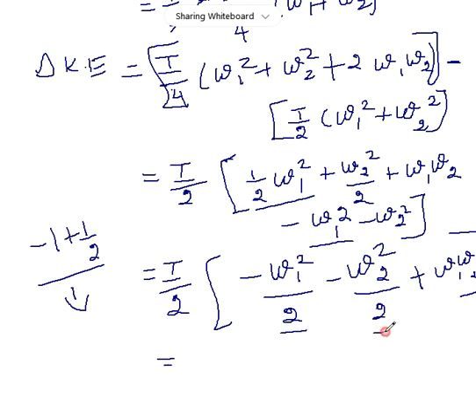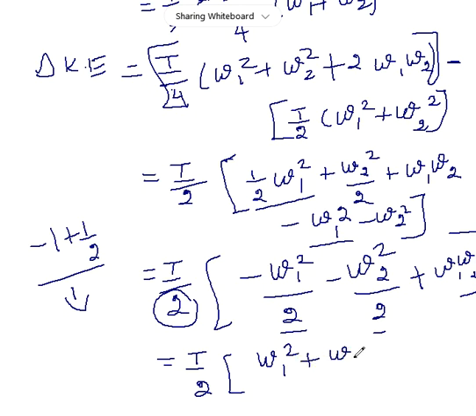What is the next thing you could do? See, here 1 by 2 is there, and here the 1 by 2 is missing. So what we can do is multiply a minus 2 inside. The whole term we are going to multiply by minus 2. I by 2 is here. When I multiply by minus 2, this will become plus 2, and the division 2 will get cancelled.